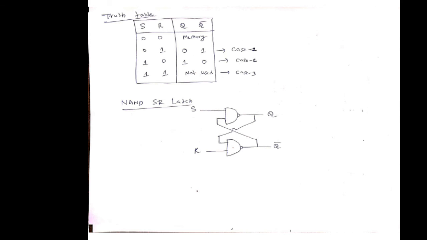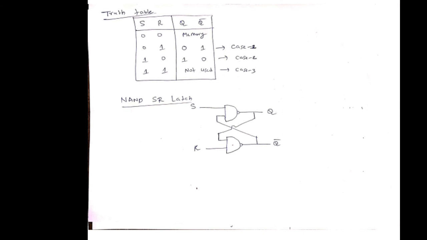In the previous NOR SR latch, R is first, S is next. Based upon the design only, we get the desirable operations and desirable storing of the data in the form of a single bit number. Okay, these are all about the SR latch using NAND gate and NOR gate.